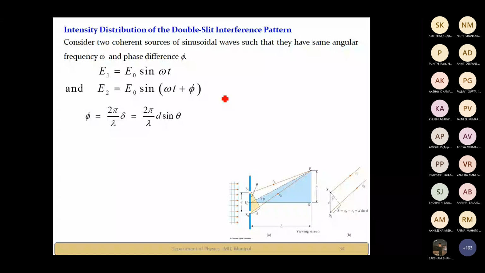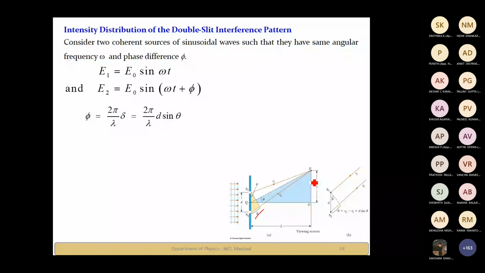Except at the center where the phase difference is 0, where a bright fringe is formed, at all other places on the screen, above or below the central maximum, on either side, there will be a phase difference because of the extra path the waves have to travel.